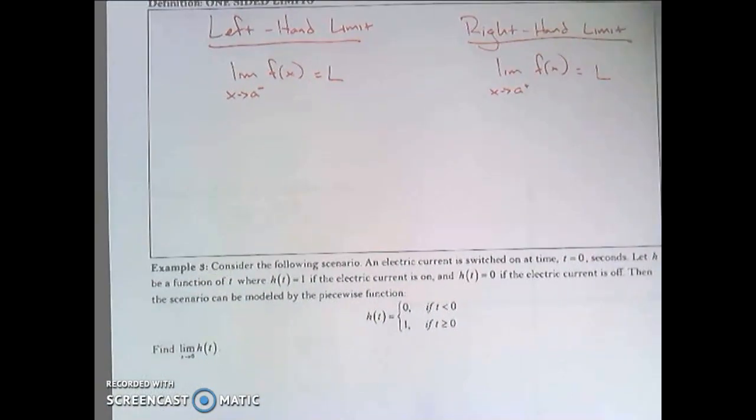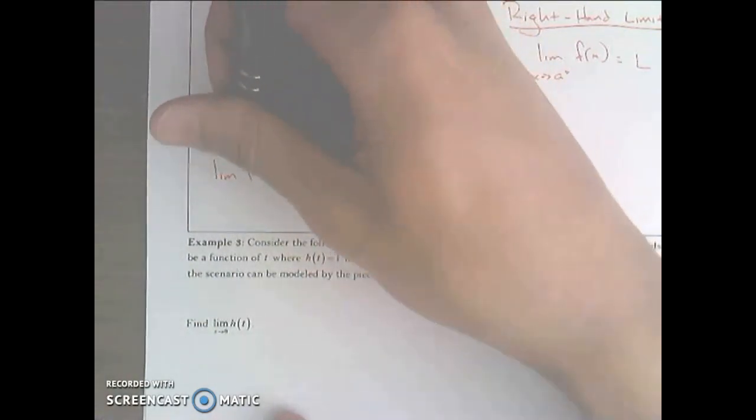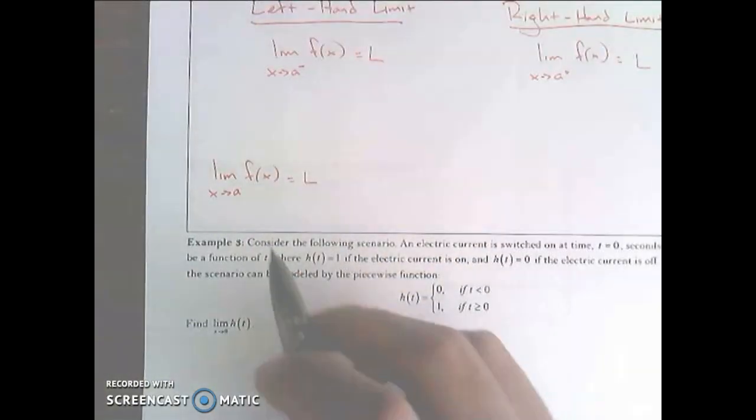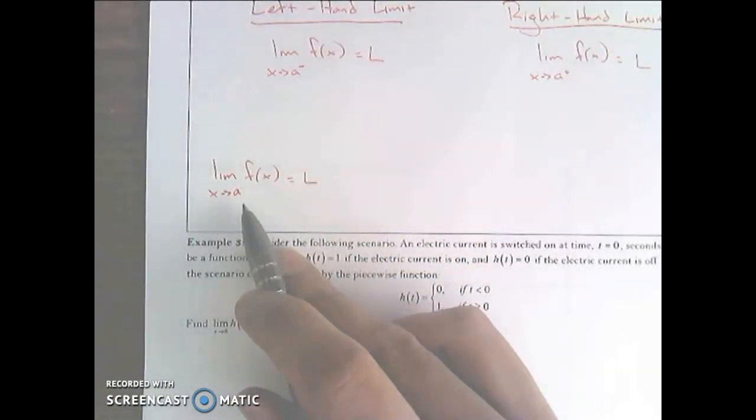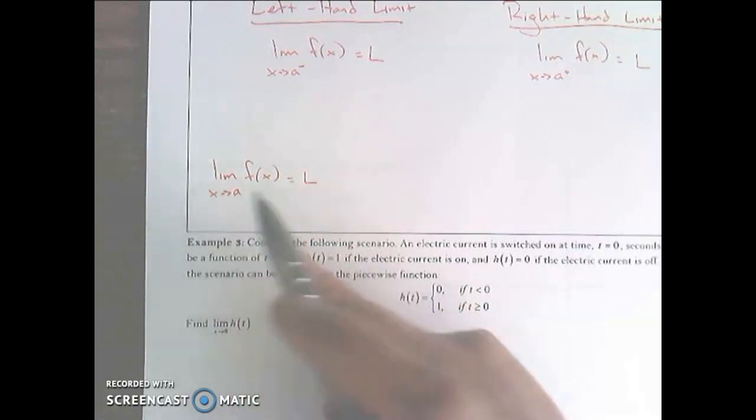One thing to know about left-hand and right-hand limits is that the limit of f of x as x approaches a, the general form for a limit, where I haven't indicated either side, implies the limit from both sides.